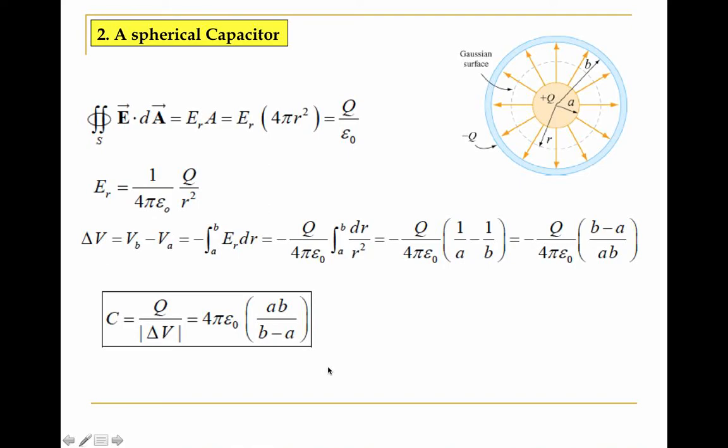Okay, the third type, the spherical plate capacitor, we need to calculate the capacitance. In order to calculate the capacitance, we first need, okay, this is my positive charge, and this is my negative charge, and this is my capacitor here. The space in between them is the space where the electric field is uniform.